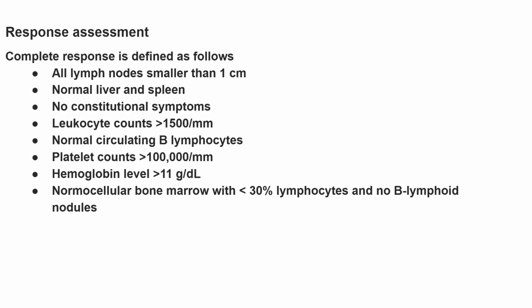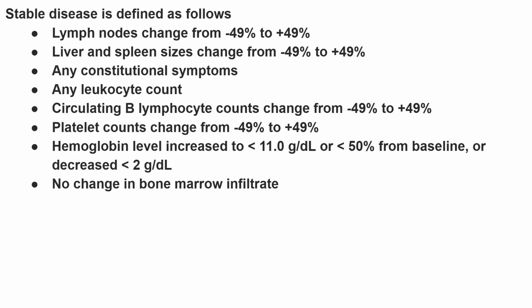That's the sign that the patient has completely recovered from the lymphocytic leukemia. Some patients are categorized as stable disease, where the therapy has benefited, but the disease is not completely cured.